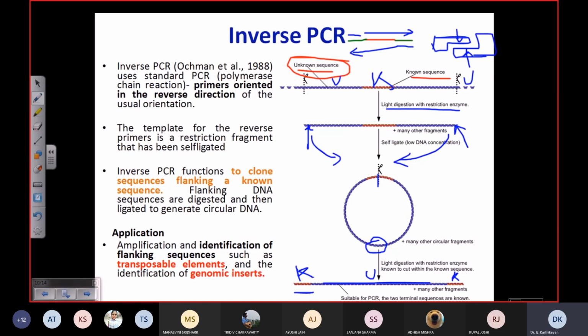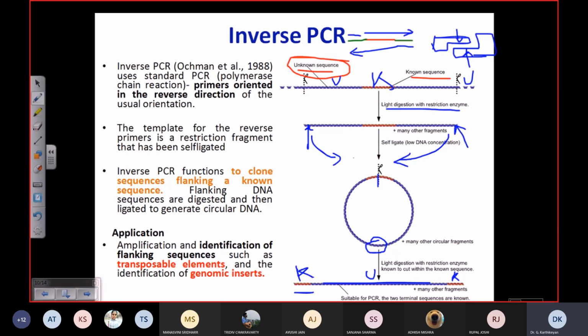Now in the middle we have unknown, which was previously known. At the terminal we have known, which was previously unknown. So this is our goal, unknown in the middle, known at the terminal, so that we can provide primers which bind with the known segment at the terminal, so that they can amplify the unknown sequences. So we can amplify unknown sequences by this inverse PCR.